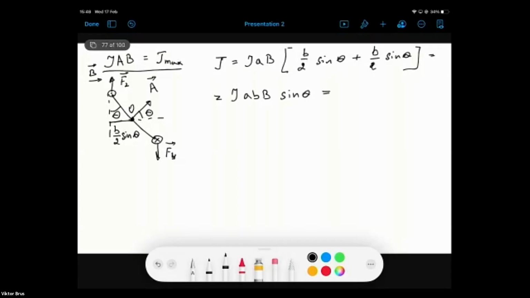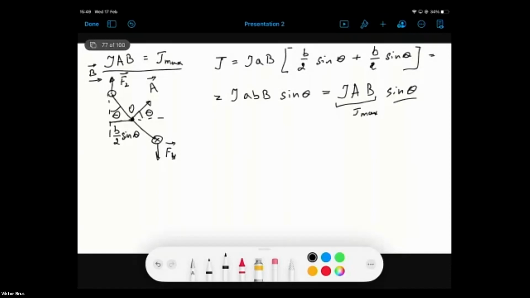And this is equal to I times A times B, this maximum torque which can be exerted on the frame, on this loop, times sine theta.